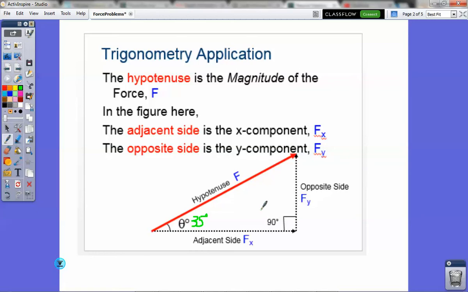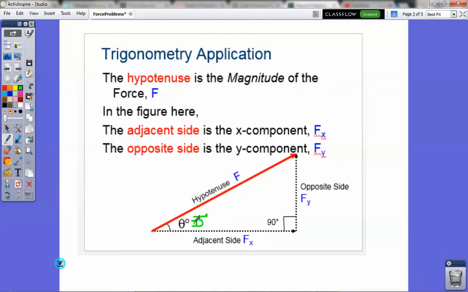If you said or were thinking the x, you are correct. Two reasons for that. Number one, it is drawn bigger. This component vector is longer than this component vector. Also, another thing to think about is the size of the angle.